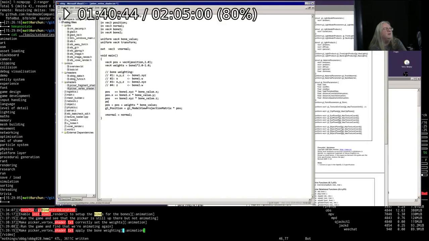2 dot w. Dot w. I think that's roughly what I want.